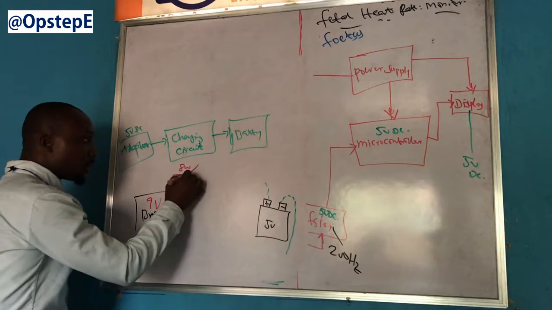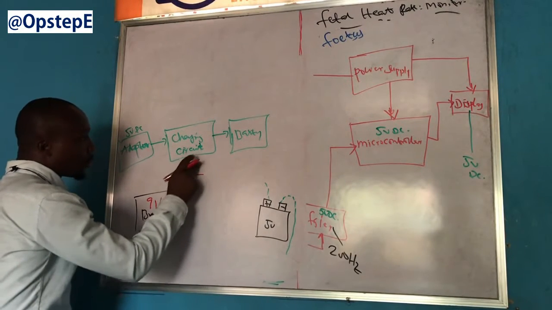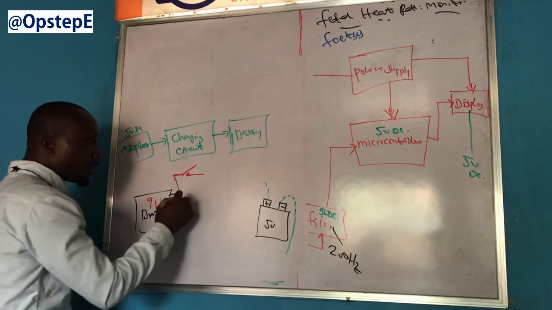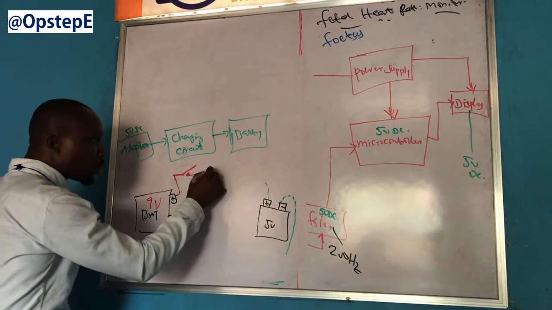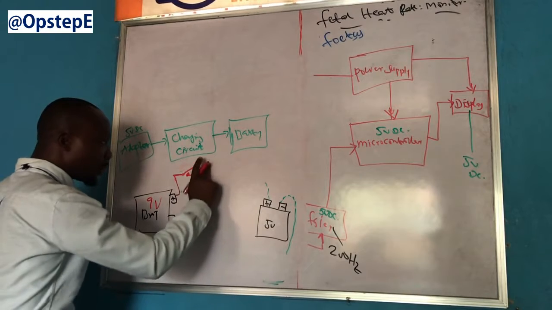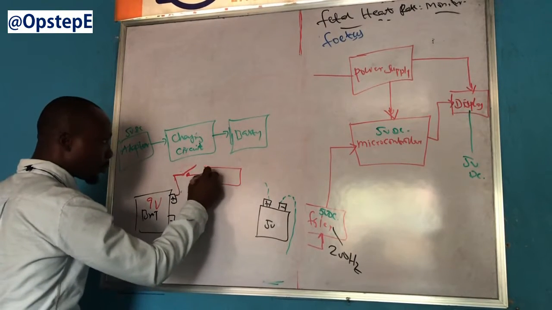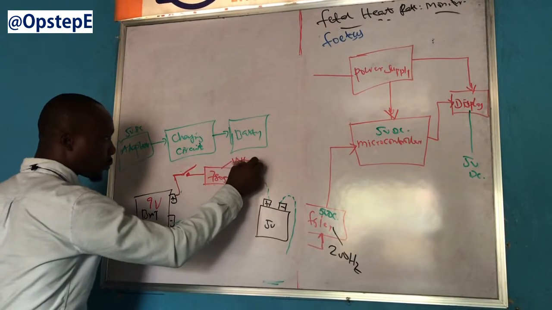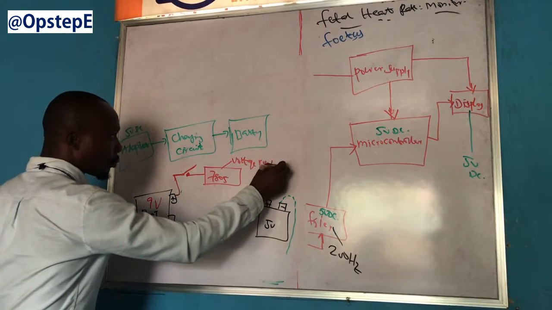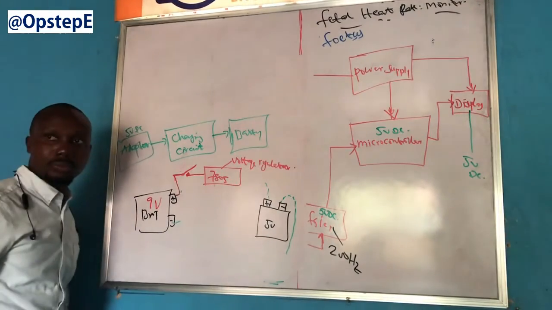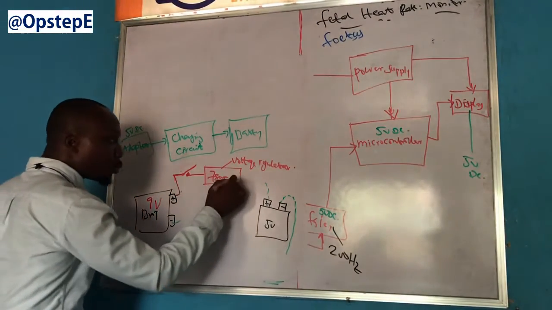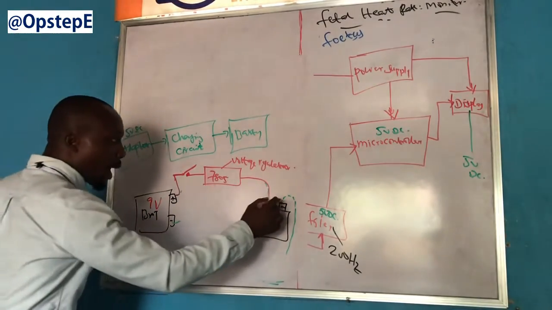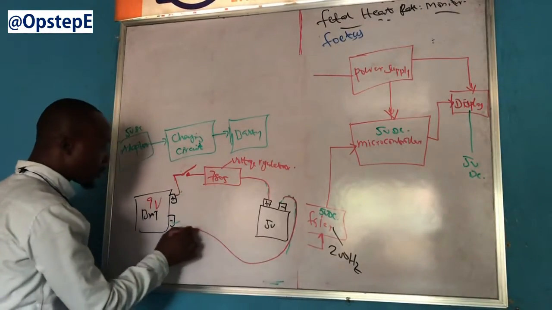The output of that switch, let me draw the switch here, can then go into something called a voltage regulator. That voltage regulator output is what I'm now going to feed into my system while the negative comes into the supply.